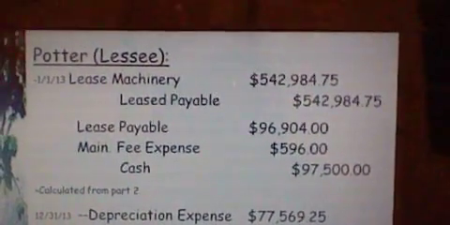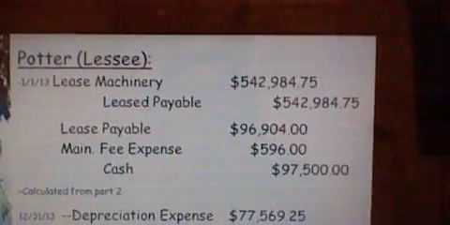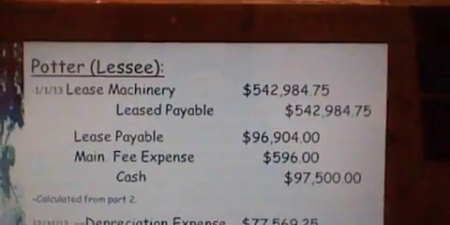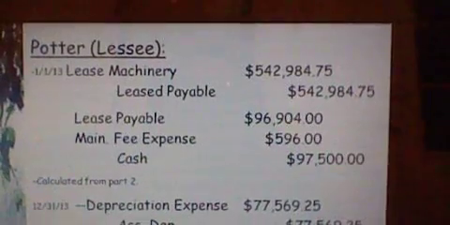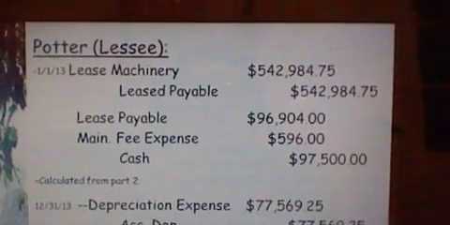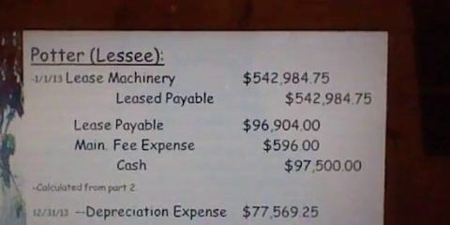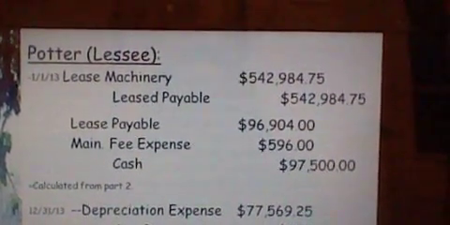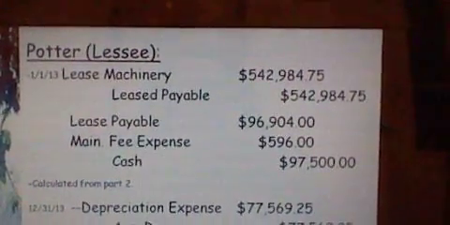On January 1st, 2013, we need to record the actual acceptance of the term and the actual payment for the lease. So the first journal entry we need to record will be a debit to lease machinery and a credit to lease payable. Both amounts are going to be $542,984.75, which we calculated from Part 2.